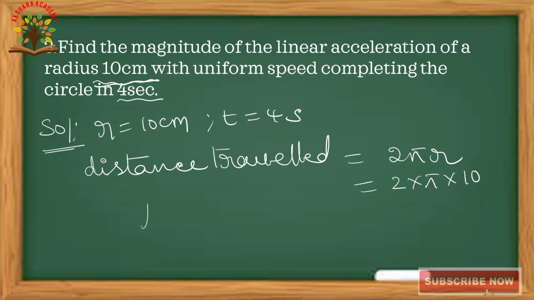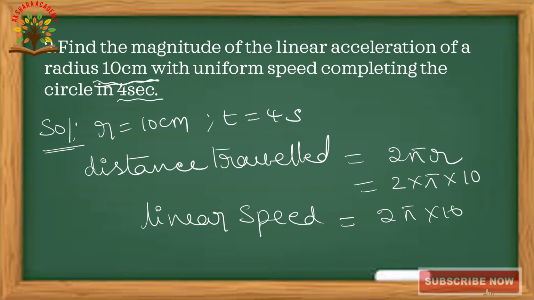Now we are finding the linear speed. After calculating linear speed, then you have to calculate linear acceleration. So linear speed v is equal to distance by time, that is 2 pi r, 2 into pi into 10 by T, which is given as 4 seconds.